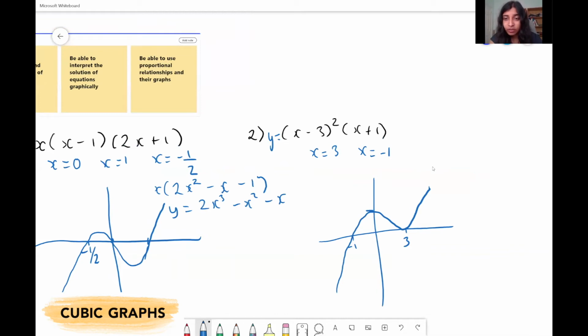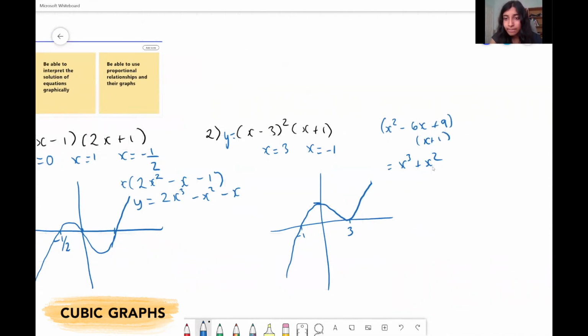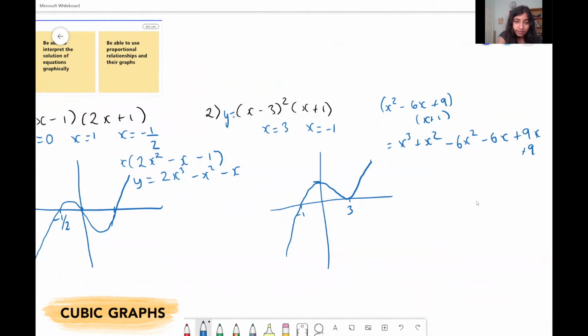If we expand the first one, we would get x squared minus 6x plus 9, and then you'd have x plus 1, and then if we expanded this further, you'd get x cubed plus x squared minus 6x squared minus 6x plus 9x plus 9, so it'd cross the y-axis. If you plug in x equals 0, it would cross the y-axis at y equals 9.